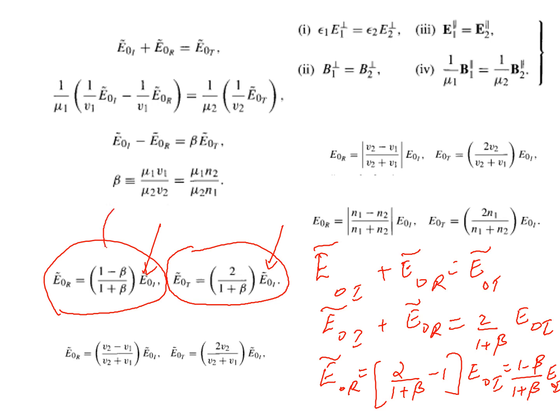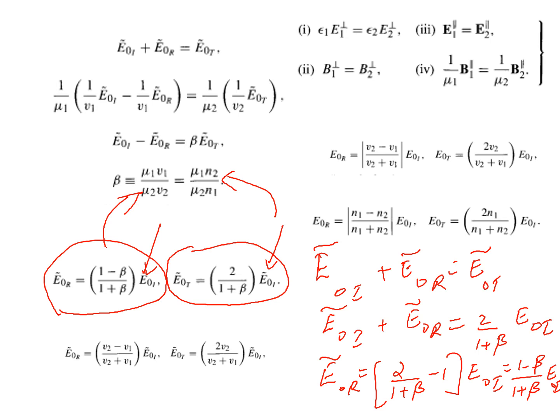Beta depends on the permeability of the medium and the speed or the refractive index of the medium. These are also known parameters. So if you know these two parameters and the incident parameters, you can calculate the reflected intensity and the transmitted intensity. That was our aim actually.